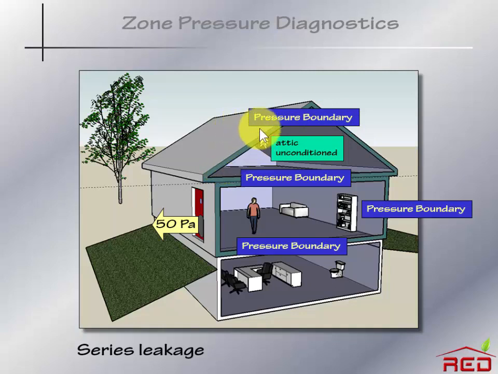So we have this pressure boundary from the zone to the outdoors, and this pressure boundary, the attic floor, from the zone to the house. This is a very powerful analysis. I have already mentioned that sometimes this zone pressure diagnostics testing is referred to as series leakage testing.